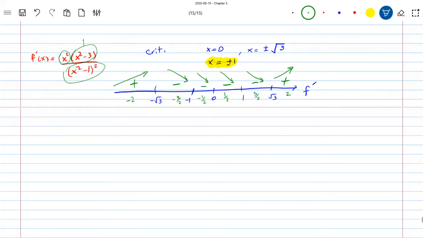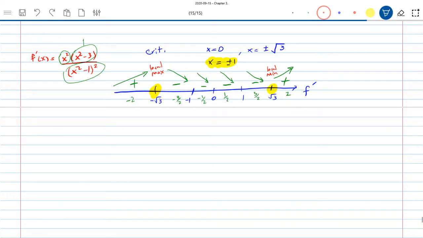Where is the local max and local min? Where there's a change in the sign, and it happens at the points where the derivative is 0. At 0, where the derivative equals 0, the function is still decreasing, so there is no local maximum or minimum at that point. This is the first derivative.